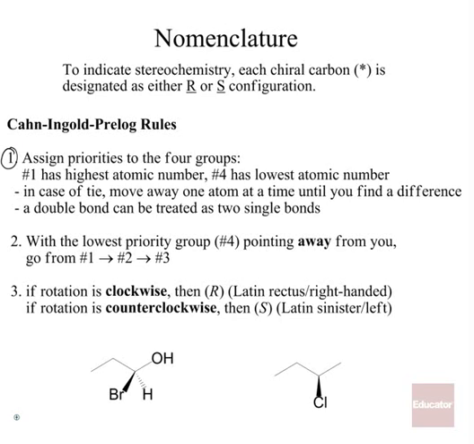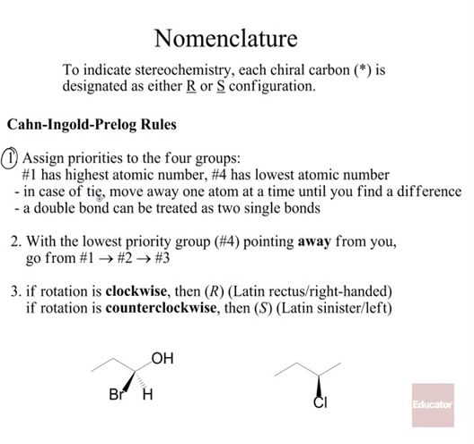We need to prioritize them 1, 2, 3, and 4. We're going to do this based on their atomic number. So we can just look at the 4 atoms attached and rank them 1, 2, 3, 4. Number 1 is the highest atomic number. Number 4 is the lowest atomic number. So if you ever have a hydrogen attached to that chiral carbon, that of course would always be number 4 because that's the lowest atomic number possible. Okay, now what if you have a tie?